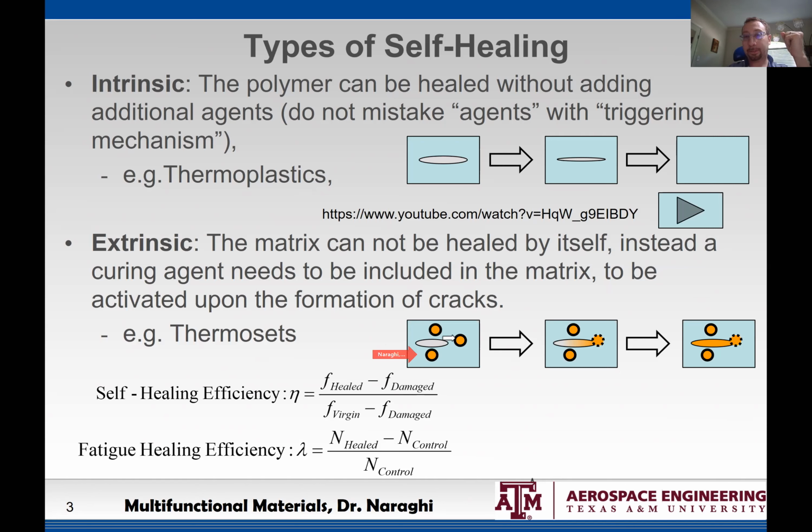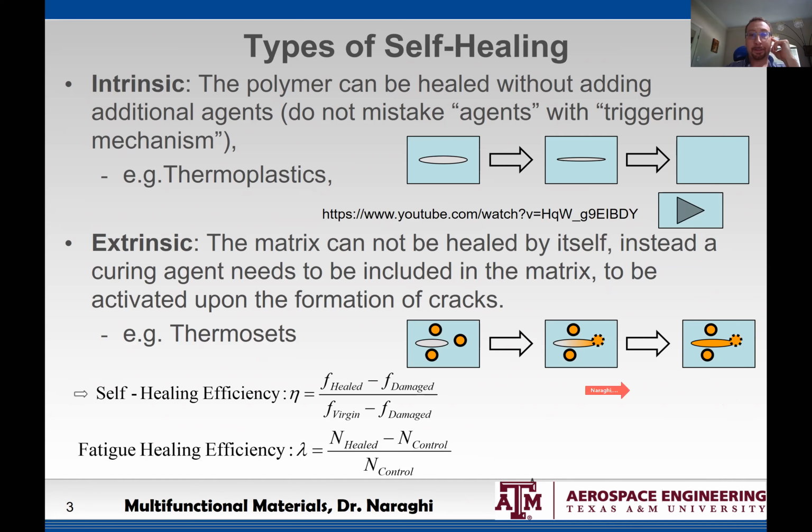Now, this black thing is the shell that protects the liquid and separates it from the rest of the polymer. Now, if this crack grows and punctures some of the particles, the liquid will be released and the crack will be healed. So this is intrinsic, this is extrinsic, in a nutshell.